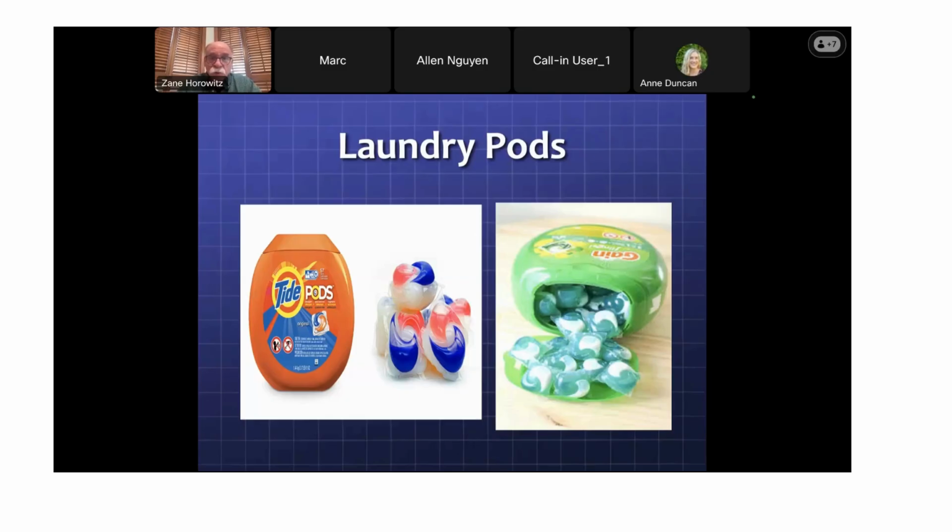So a 2-year-old probably wouldn't do it, but it doesn't mean that these pods wouldn't get left laying around. They also strengthened the membrane around the individual colored contents of the pods. They used to be very thin, so they would just immediately break open when you threw them in the washing machine. And that's exactly what happened when kids put them in their mouth because they look like candy.